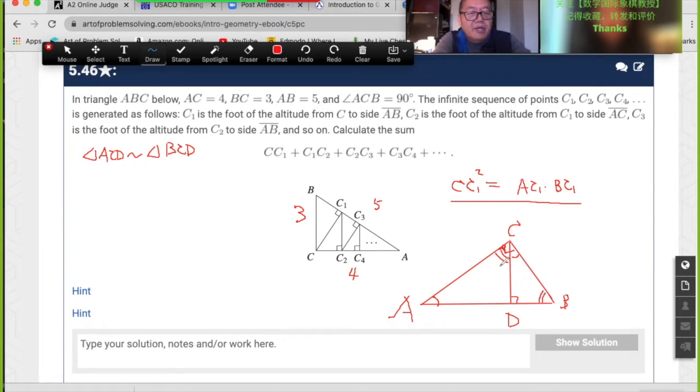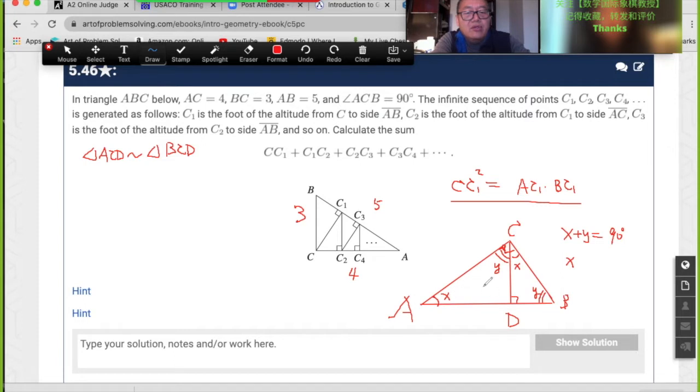Suppose this angle is x, this angle is y. So x plus y equals 90 degrees. Then this angle will be x, because x plus y also equals this 90 degrees. So this angle equals x, this angle equals y, right?